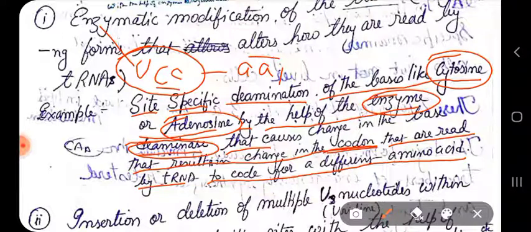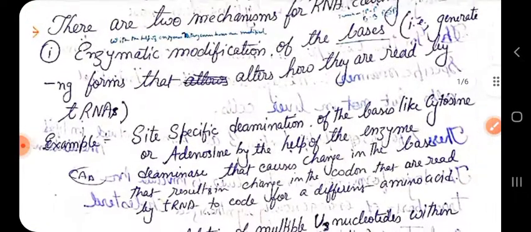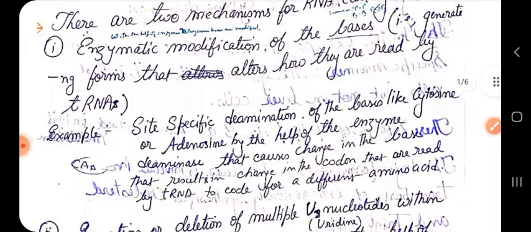Then it now becomes UCC, which will code for a different amino acid. So in this way, due to enzymatic modification of the nitrogenous bases, we are generating different forms of codons, which will code for a different amino acid.